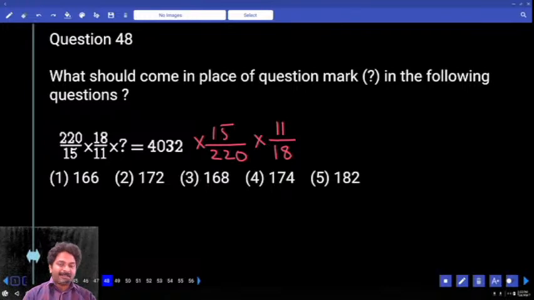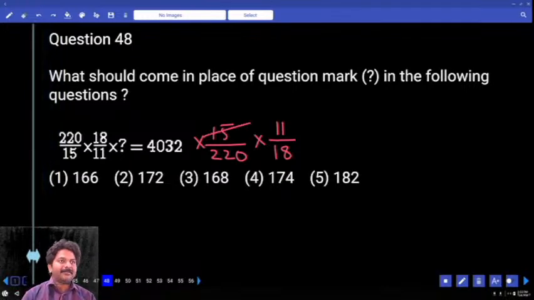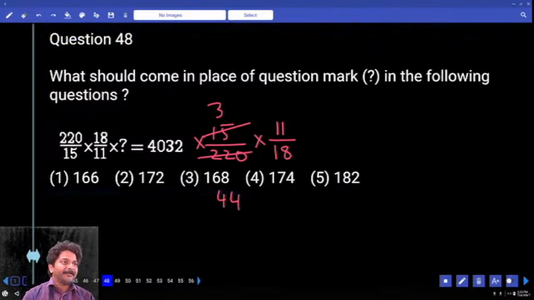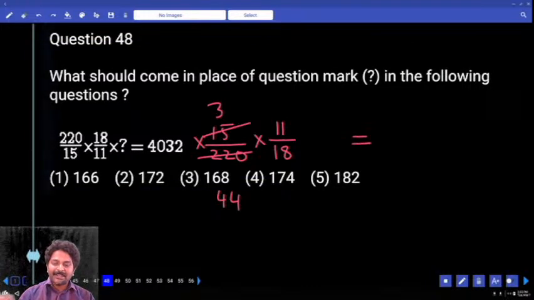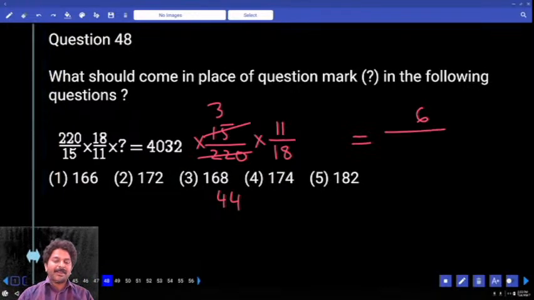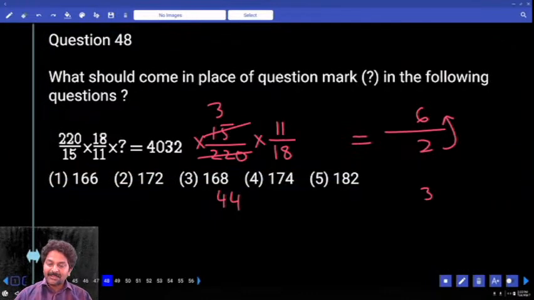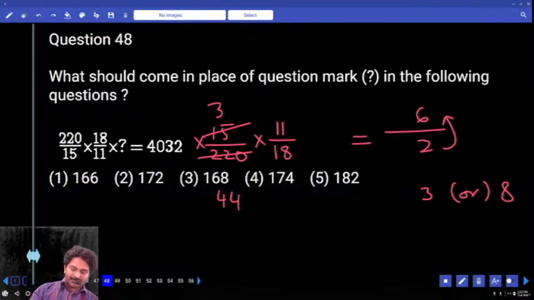So I want to eliminate 5 multiples. 5, 3 times, 5, 44 times. Correct? Now observe the numerator and tell me the last digit. 2 into 3, 6 into 1. Denominator 4 into 8. 2 into which number ends with 6? Either 3 or 8. How many options are there? Only one. 168 final.